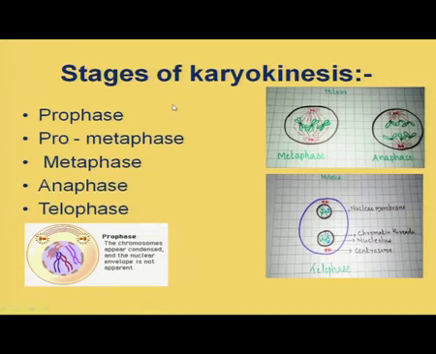Here come the stages of karyokinesis. Here also the cell will divide by karyokinesis followed by cytokinesis. The different stages of karyokinesis. You know what is karyokinesis? Yes, it is the division of nucleus into 2.